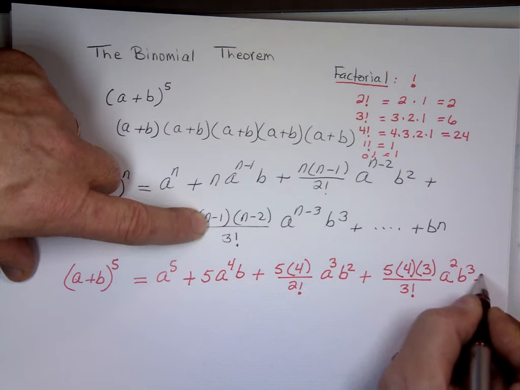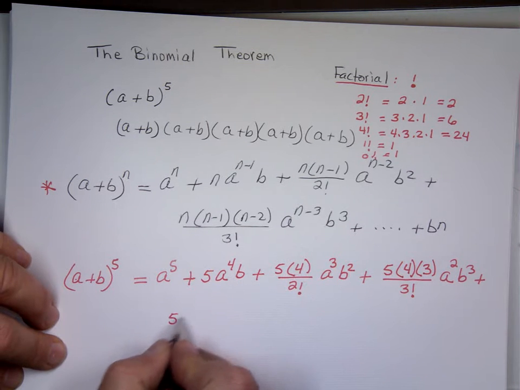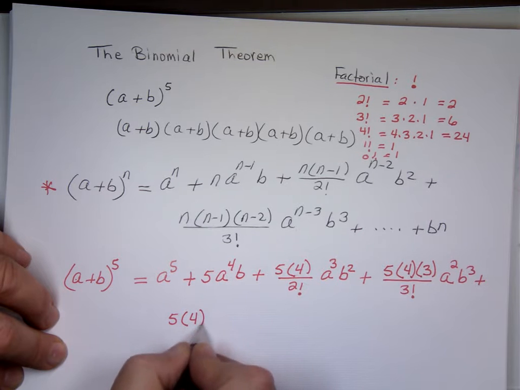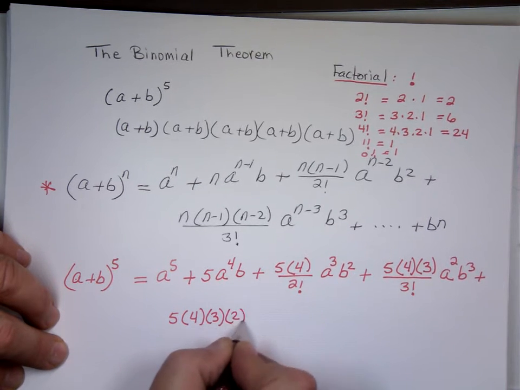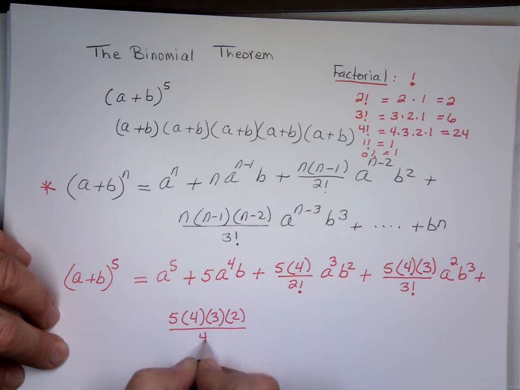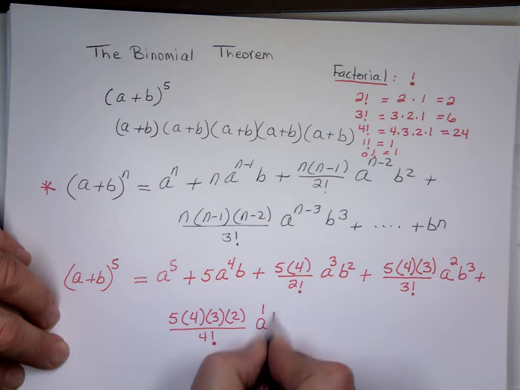Keep on going. The next one is 5 times 4 times 3 times 2 over factorial, a to the 1, b to the 4th.